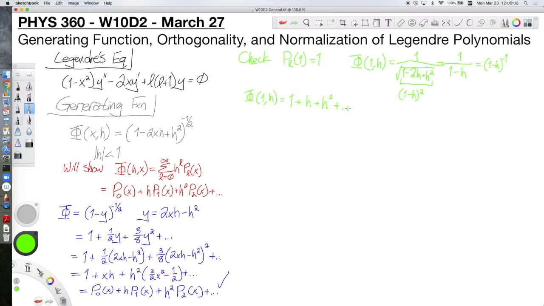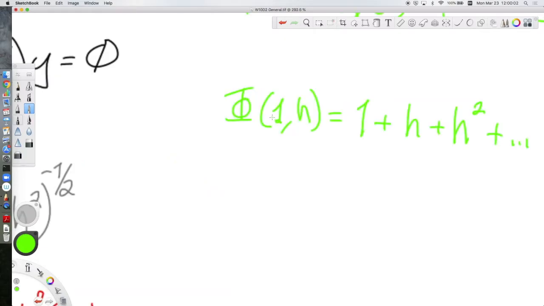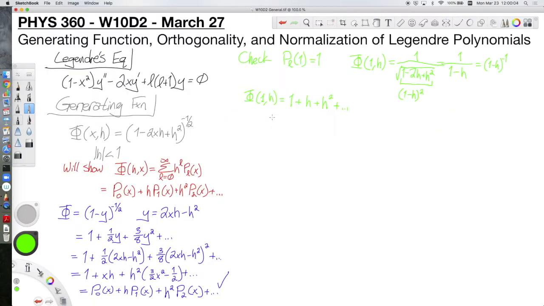So matching this with the form we saw before, well, we have 1 times P naught of 1 plus h times P1 of 1 plus h squared times P2 of 1, and so on.